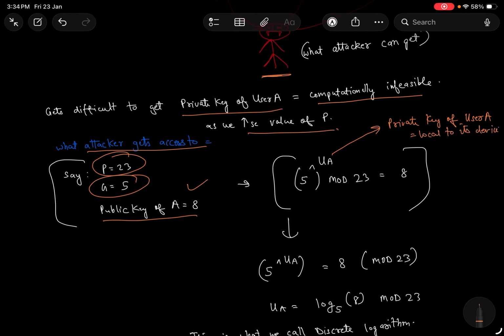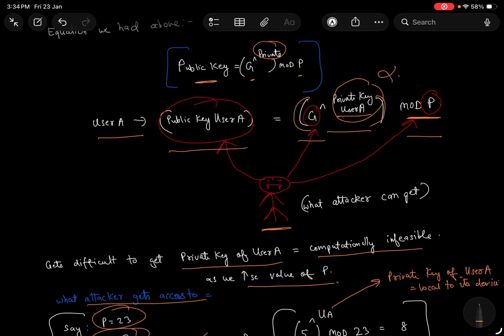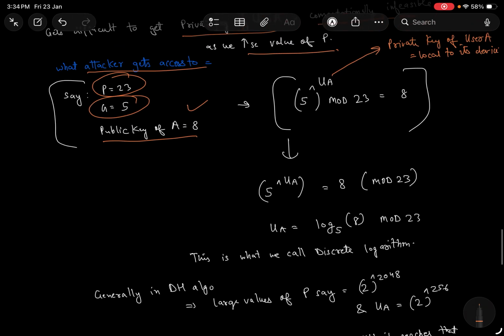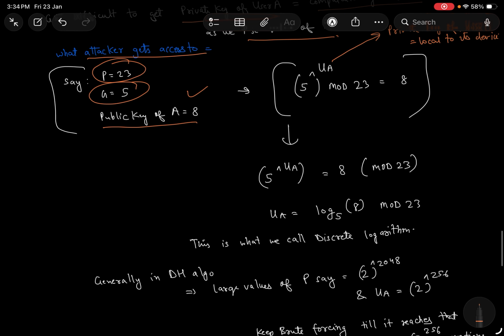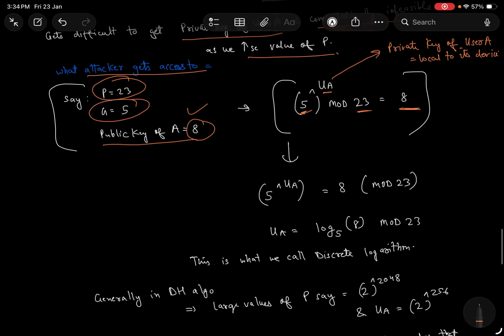After plugging in these values into G to the power of the private key of user A, we do mod with P, and we get the public key of user A. So the public key of A was 8, and this is what the attacker has access to. Then mod with 23, and then G, which is 5, the attacker also had access to.